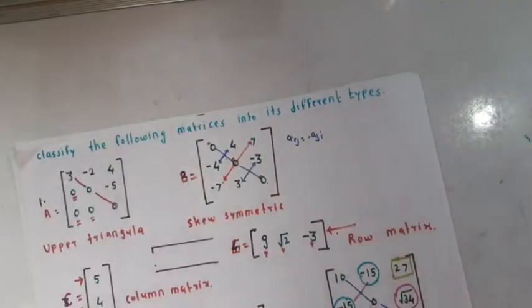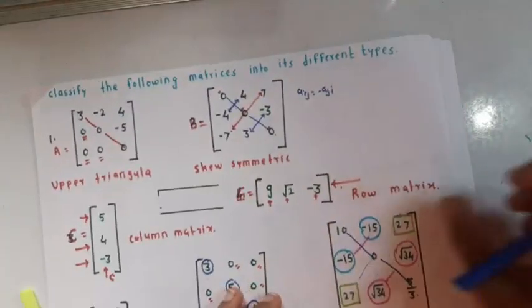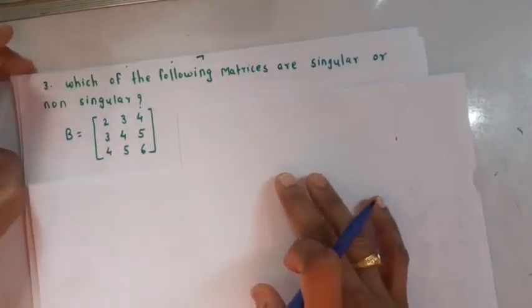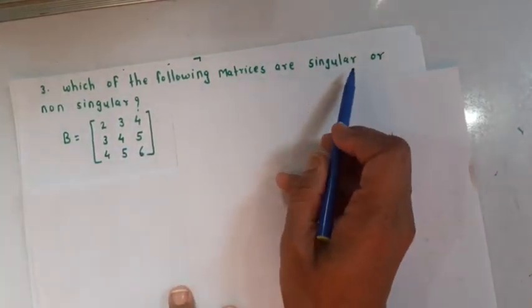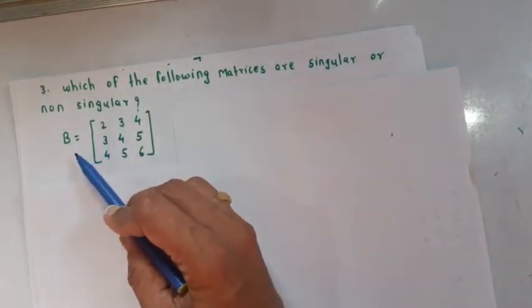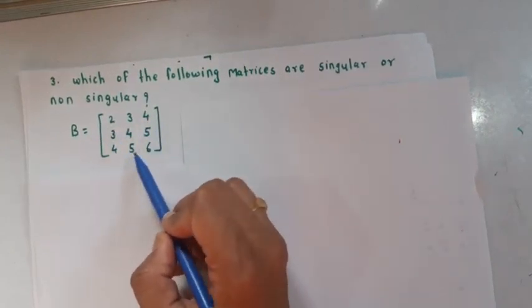Okay, in this way we have to identify the matrix by using their properties. Now the next question is: which of the following matrices are singular or non-singular? The first one is the matrix B equal to 2 3 4, 3 4 5, 4 5 6.